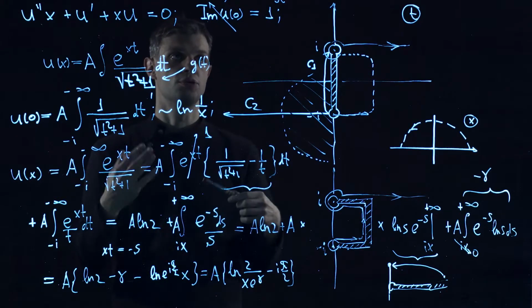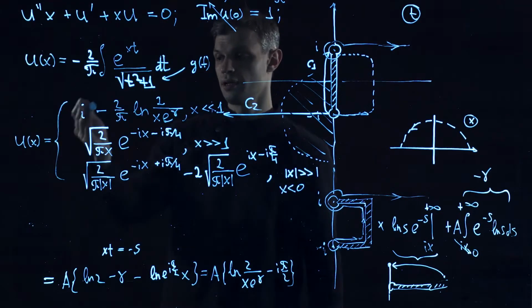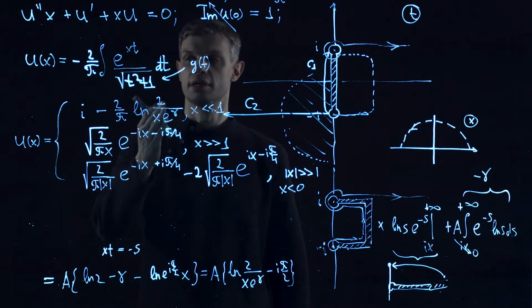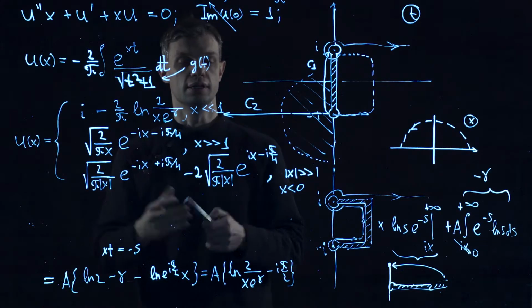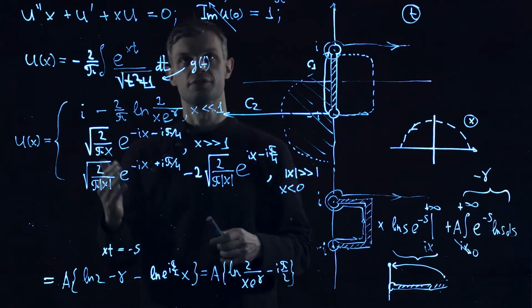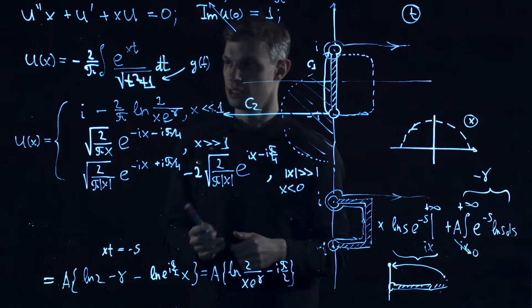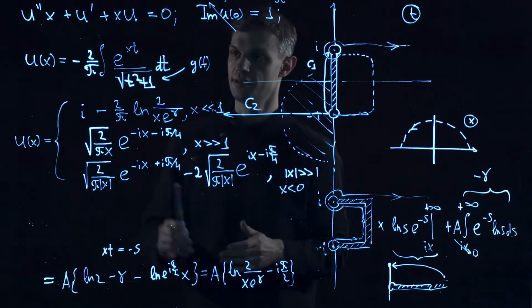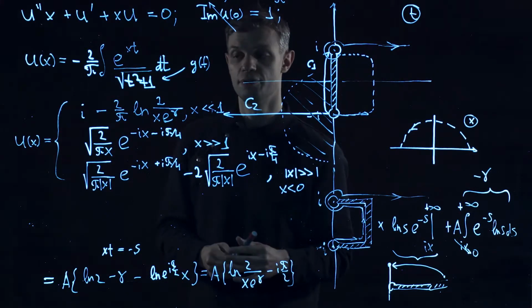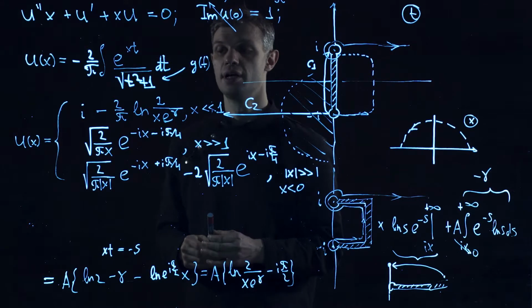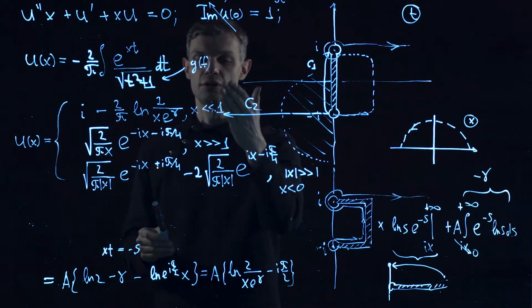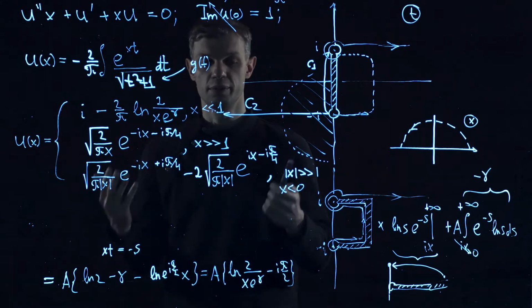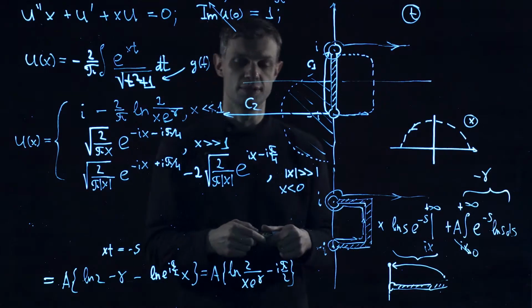So let me write it down for you. And here we are. So this is our entire study of this differential equation, defined by this contour, right? So this is our exact solution in the form of a complex integral, and these are all the limiting cases which are available for asymptotic analysis.